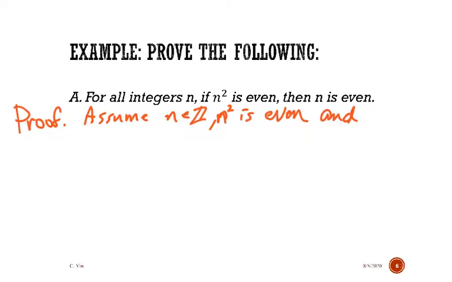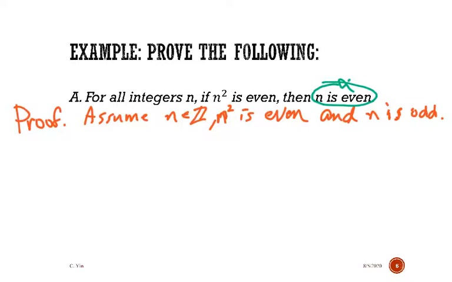And then this is where you're going to assume the opposite of something. Instead of assuming that n is even, we're going to assume that's not true. So we're going to assume n is not even, but we'll shortcut it and say it must be odd.